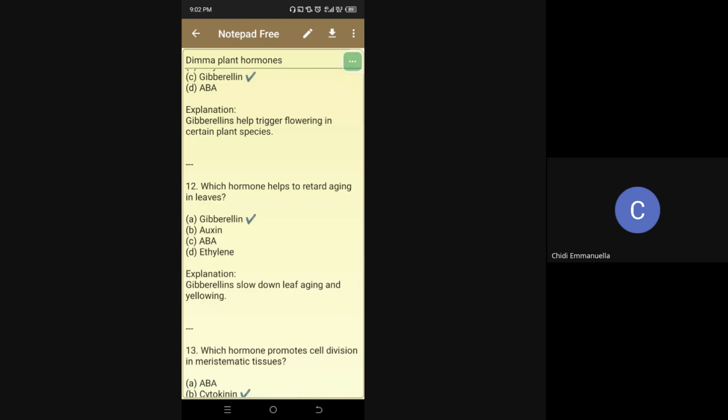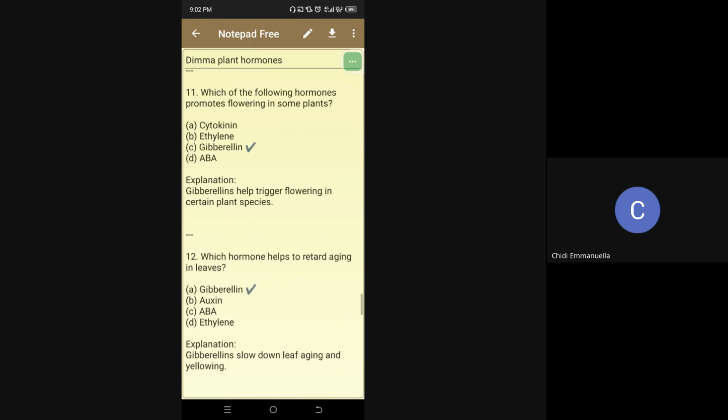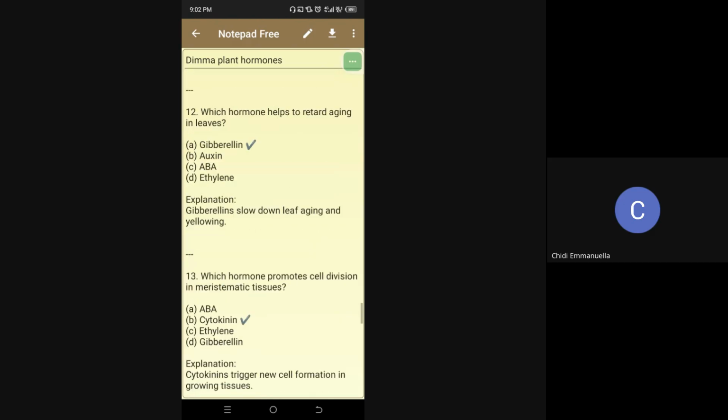I want us to look at number 12. Read for me. Which hormone helps retard aging in leaves?